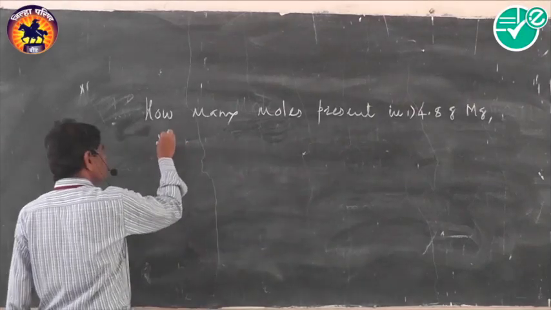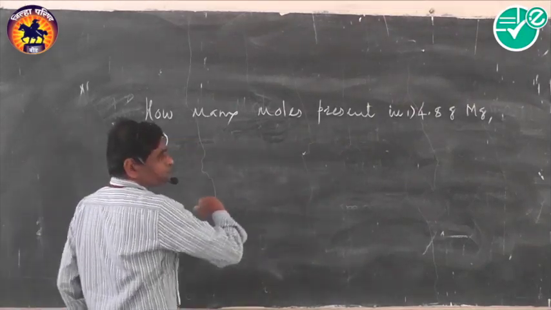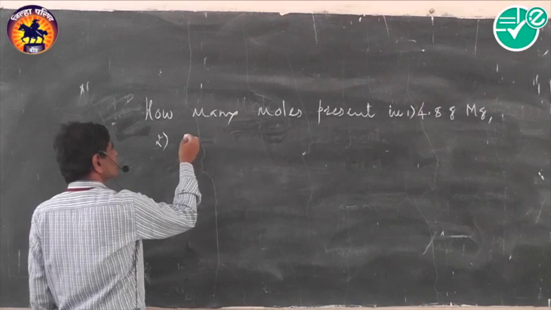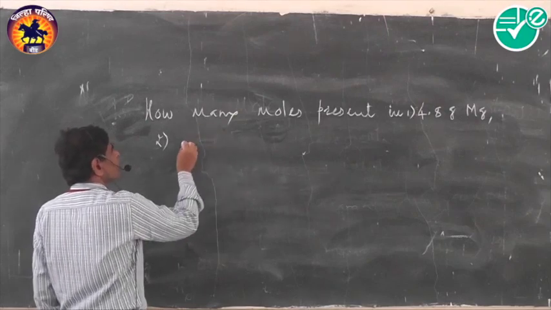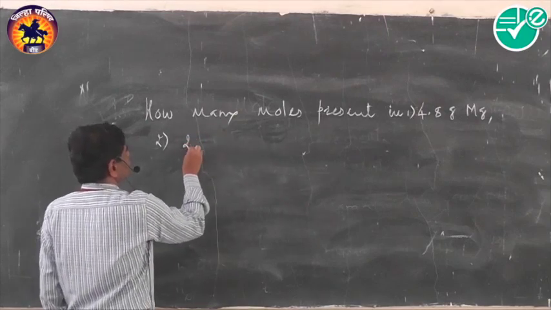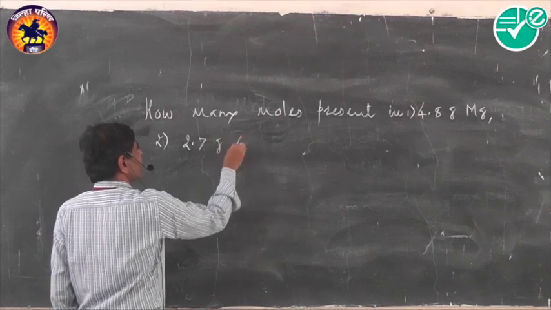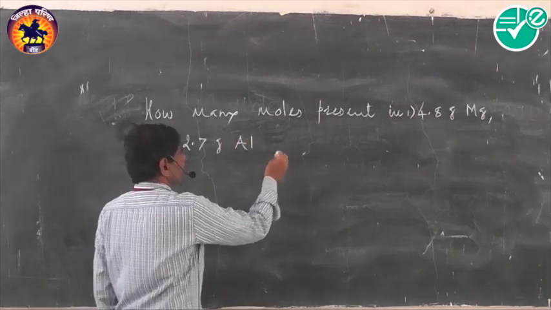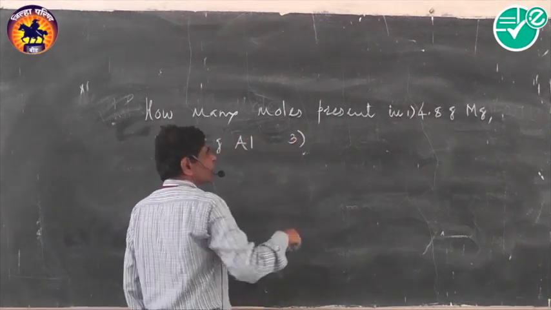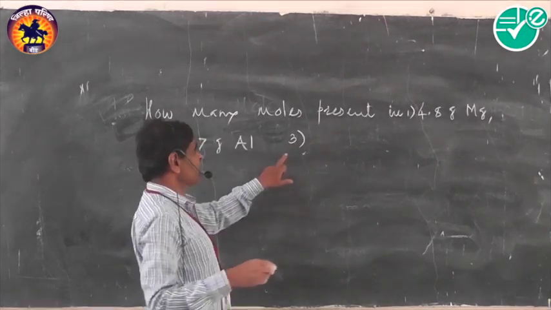Or number 2, second example, 2.7 gram aluminium.